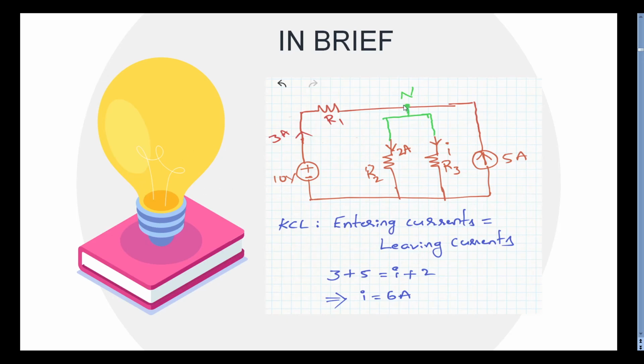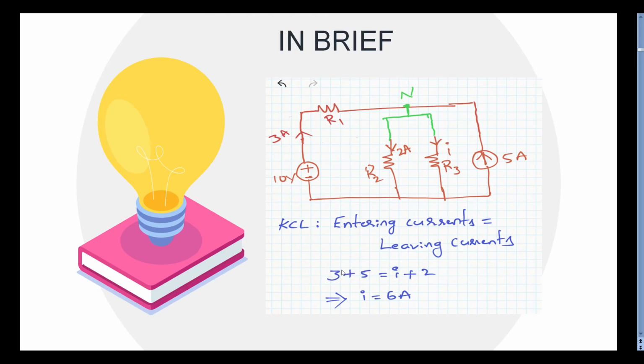What are the entering currents at this node? 3 amps, 5 amps. What are the leaving currents from the node? 2 amps and I amps.